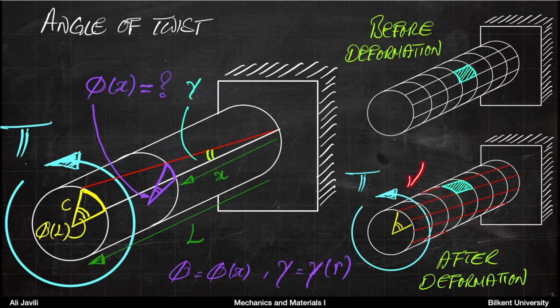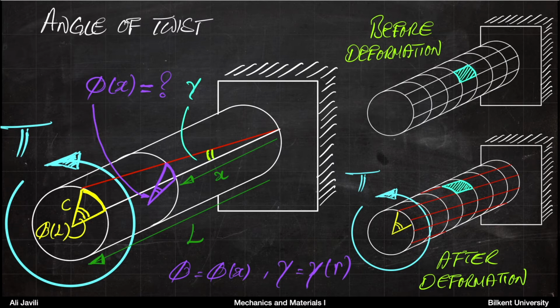So if you apply a torque T, this would be your configuration after the deformation, and this is before the deformation. Now, if I enlarge that picture a little and I show the line before the deformation and that longitudinal line after the deformation, between those two lines you have an angle gamma, which we also learned that gamma is exactly shear strain.